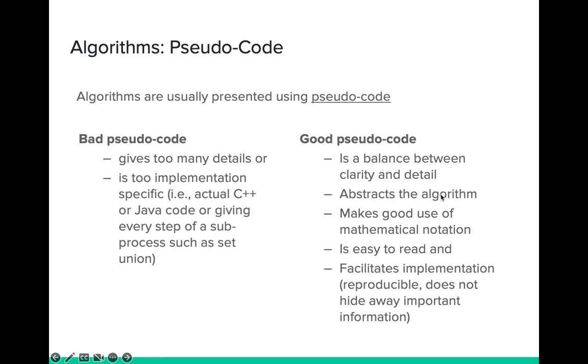Abstraction means that you don't have to detail or include all of the steps in sorting. You just write sort, and it's already understandable. It also makes good use of mathematical notation. It is easy to read, and it facilitates implementation.